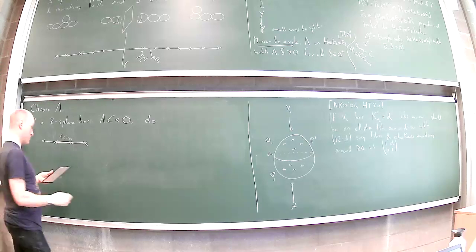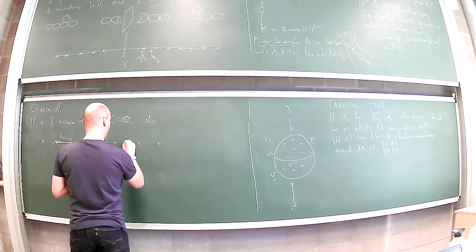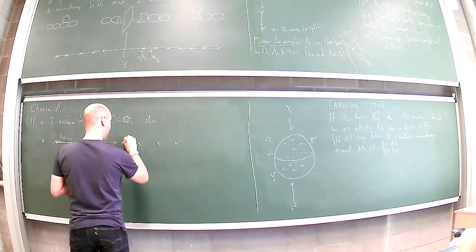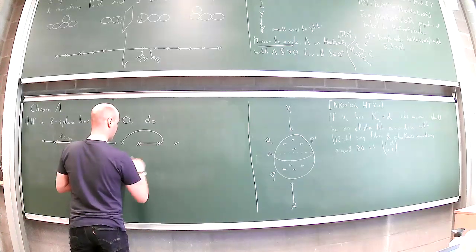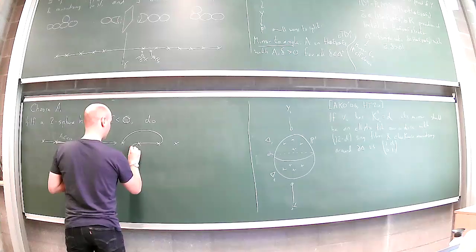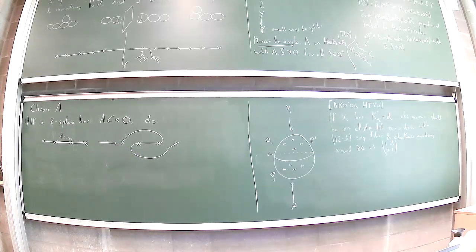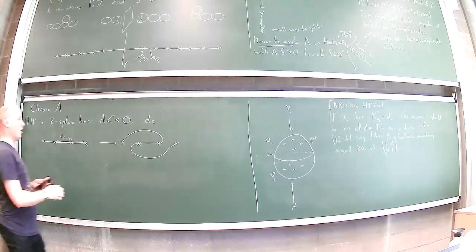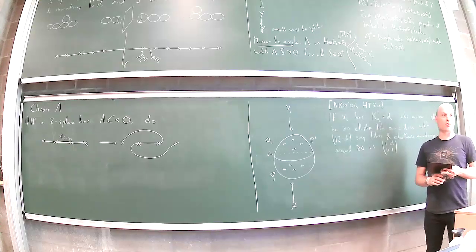Then what do I do? I just take this and I replace it with the following picture. I just redraw like this. So what does this do? This essentially reverses the orientation on that central path.